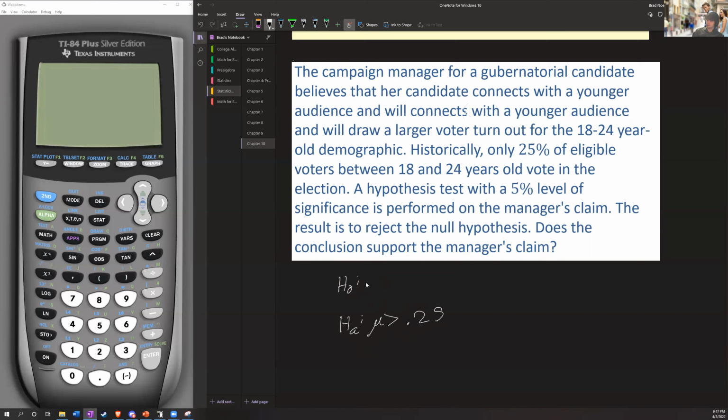My null hypothesis is that mu is going to equal 0.25. If we are rejecting the null hypothesis, then what that means is that we will be accepting our alternative hypothesis. So this does support our claim because I can reject this null hypothesis here.